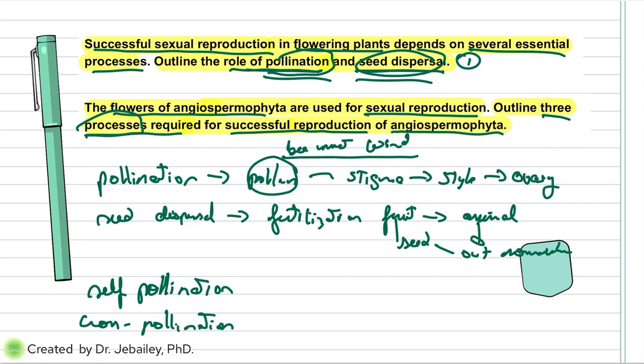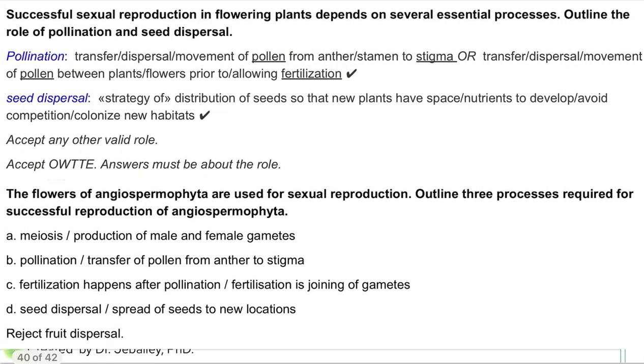So let's look at the mark schemes here. You can see the two questions are asking the same thing, but let's look at their mark schemes' differences. Pollination: transfer or dispersal of pollen from the anther to the stigma. Or transfer or movement of pollen between plants, allowing fertilization to happen. Seed dispersal: distribution of seeds so the new plants have space and nutrients to develop, avoid competition, colonize habitats.